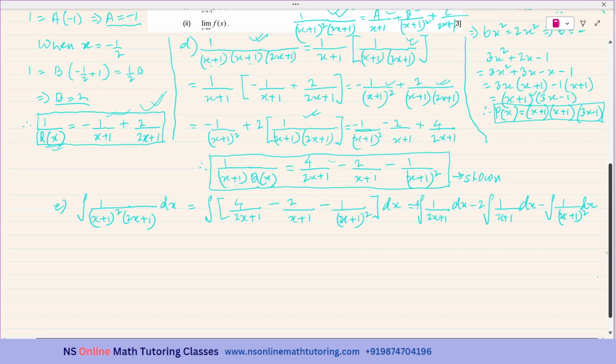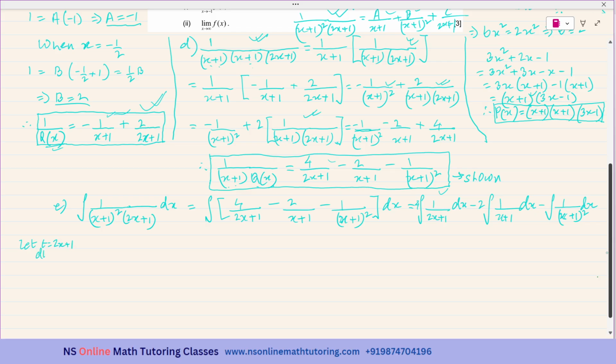So now, if you can do the integration directly, it is very good, or else we have to use the substitution method. We do not have any other method that we can use. For the first integral, I'll be substituting 2x plus 1. So let t be equal to 2x plus 1.